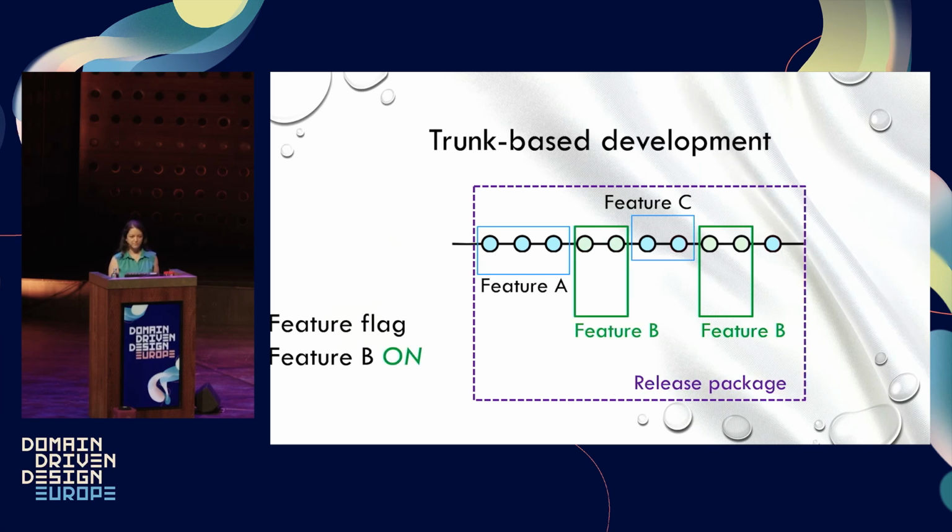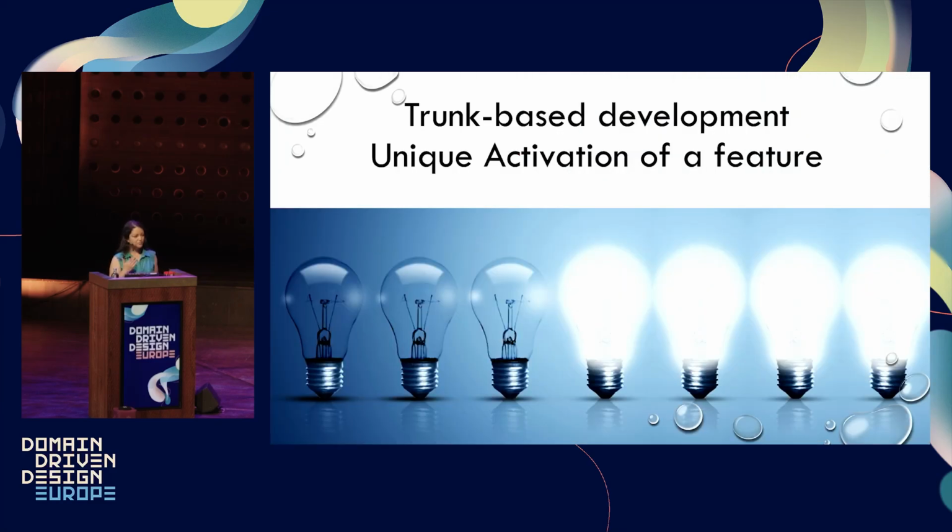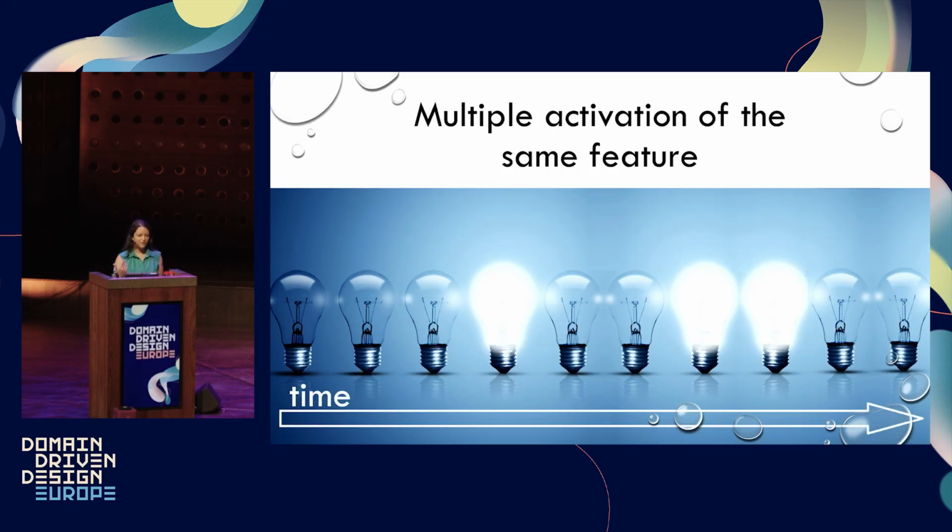Right? Easy. But if we do that, that means that with trunk-based development, the status of the feature flag is always off and then always on. But remember, we said that the feature flag is like the switch in the room.